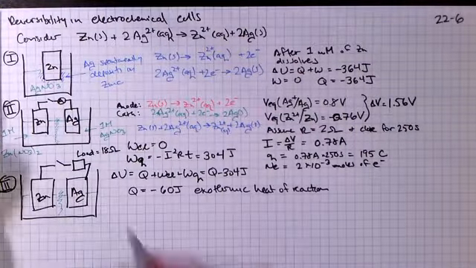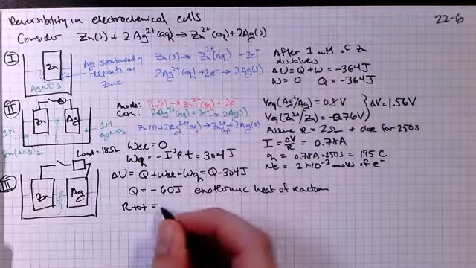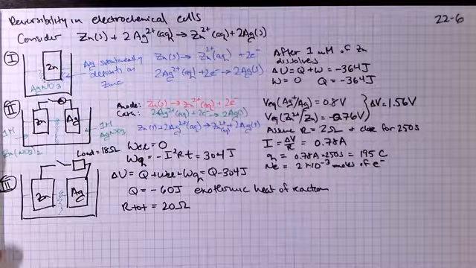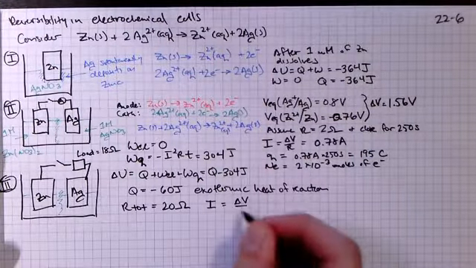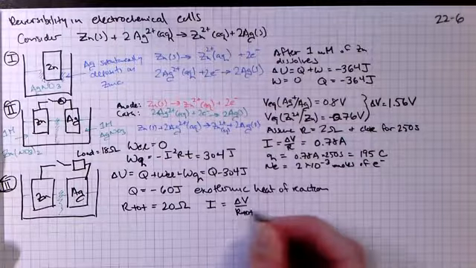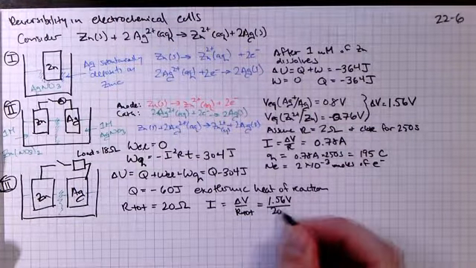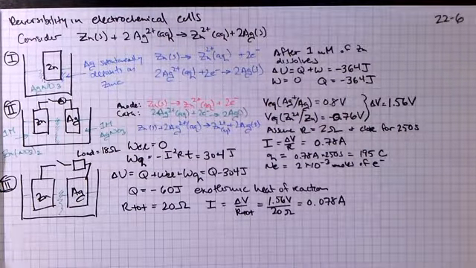So in that case, the total resistance is going to be 20 ohms, right? And the current is going to be delta V over the total resistance. So the current is going to be 1.56 volts over 20 ohms. So we're going to have 0.078 amps in this circuit.